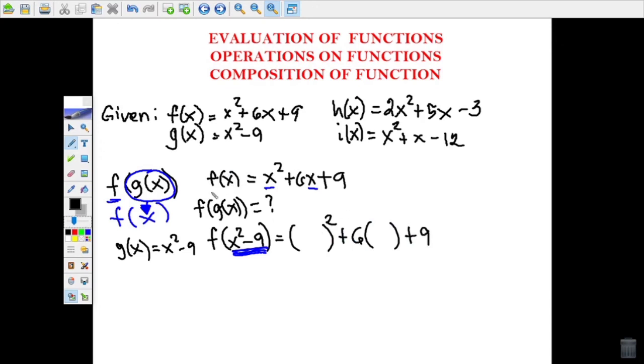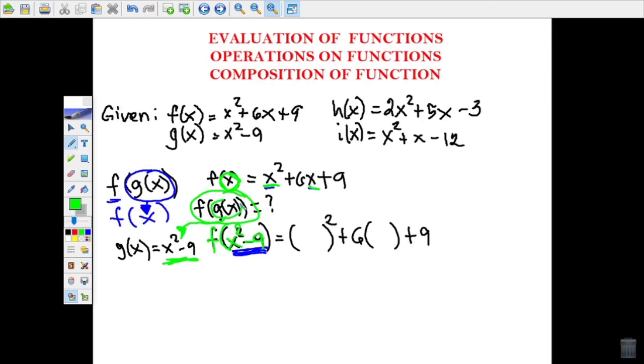Okay, since si f of x dito, look at this. F of x, lahat ng x, nandun, x. This time, ang hinahanap natin is f of x squared minus 9. Bakit naging f of x squared minus 9? Kasi we are looking for f of g of x, and we know that g of x is equal to this, x squared minus 9.